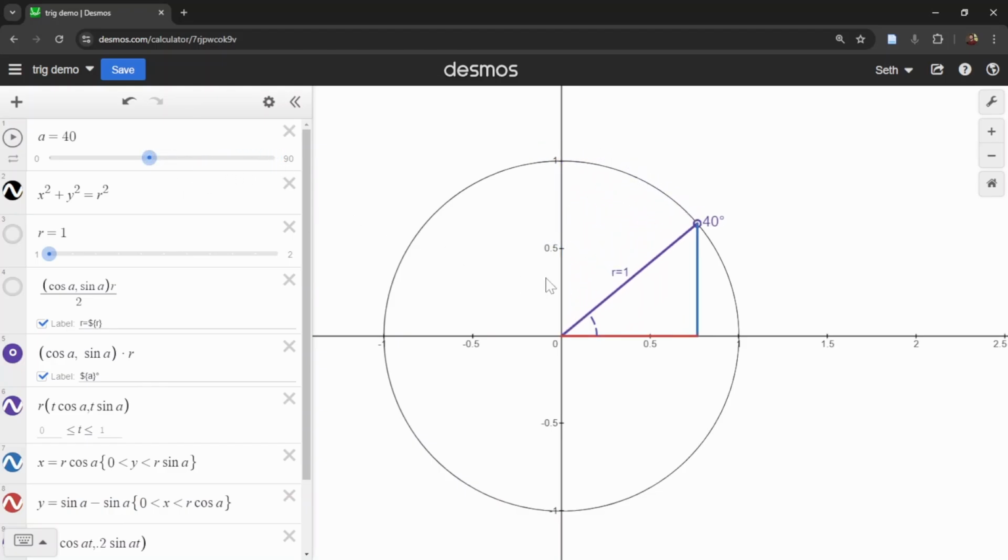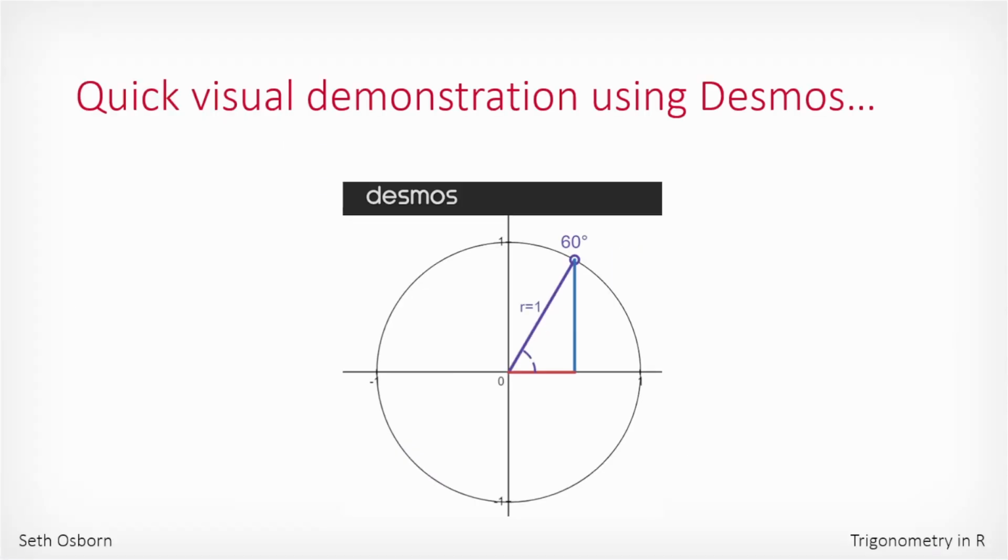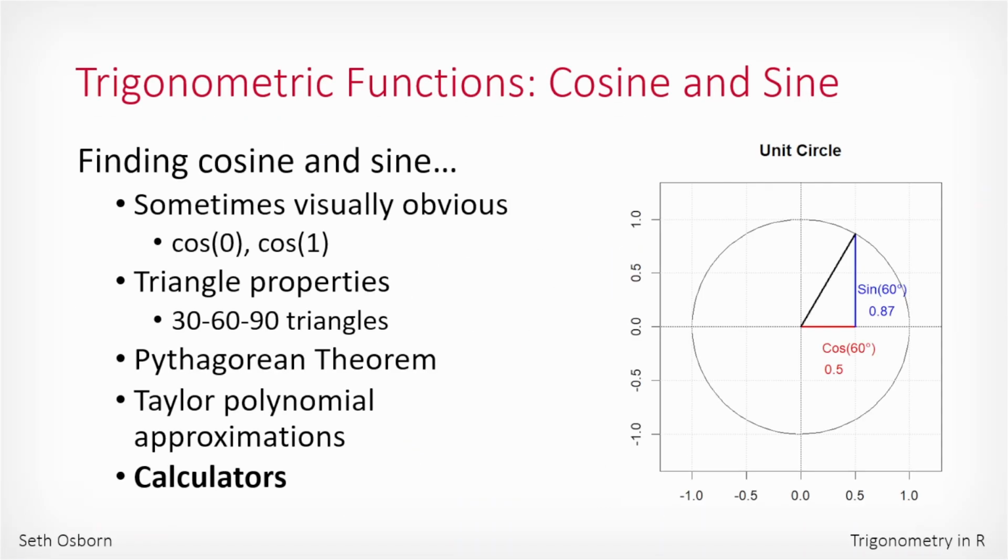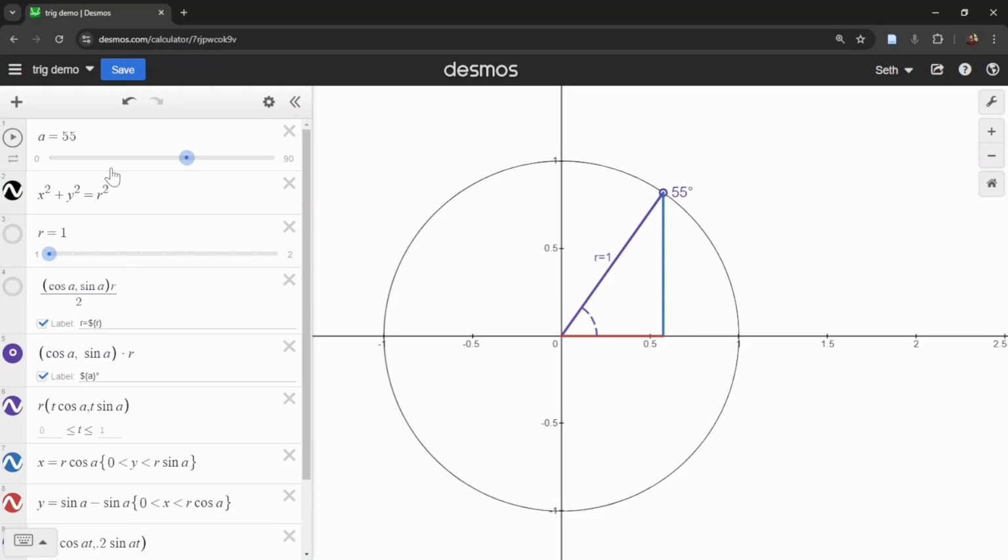Now, I told you that we happen to know what cosine and sine are for every single triangle that we can form inside this unit circle. So let's talk about how we know that. Sometimes it's just going to be visually obvious. Like I gave you this example where this isn't even a triangle, it's just a flat line.